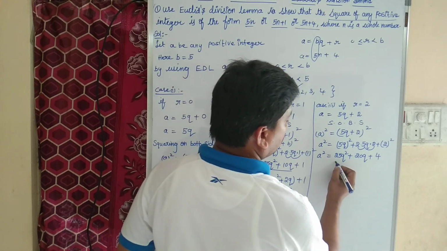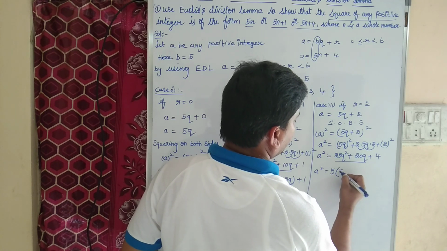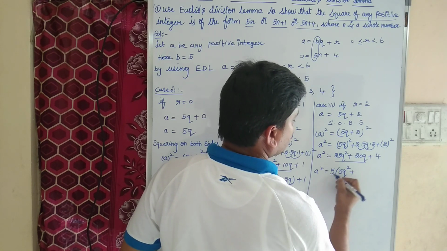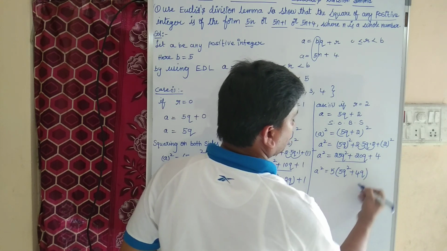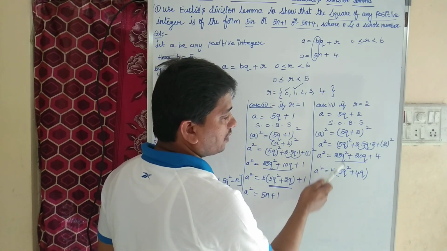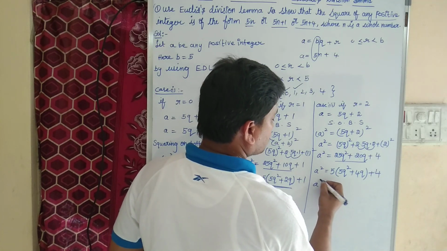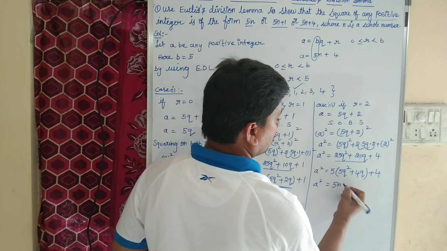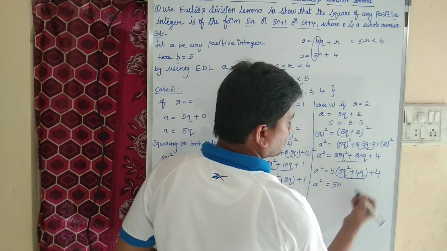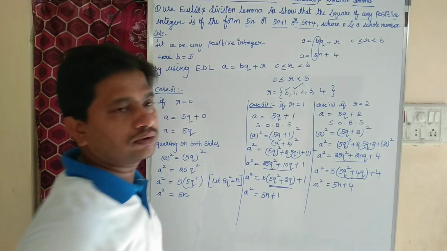Now from these two terms I can take 5 as common. 5 into 5 is 25, plus 5 into 4 is 20. Is it clear children? Among these two terms I took 5 common, 5 into 5 is 25, 5 into 4 is 20, plus 4. So a square equal to 5, let me consider 5q square plus 4q as n, plus 4. We got 5n plus 4.